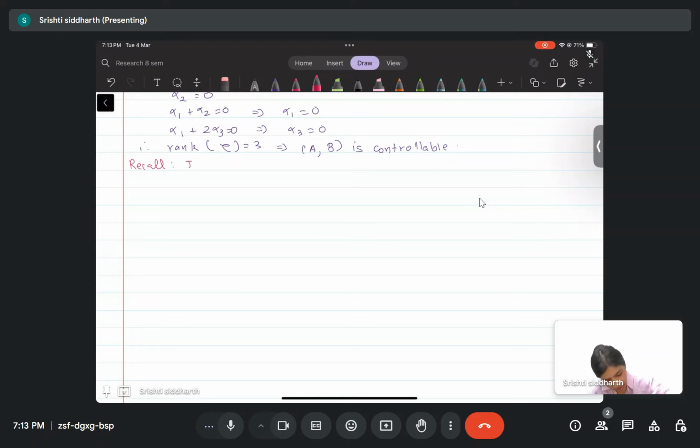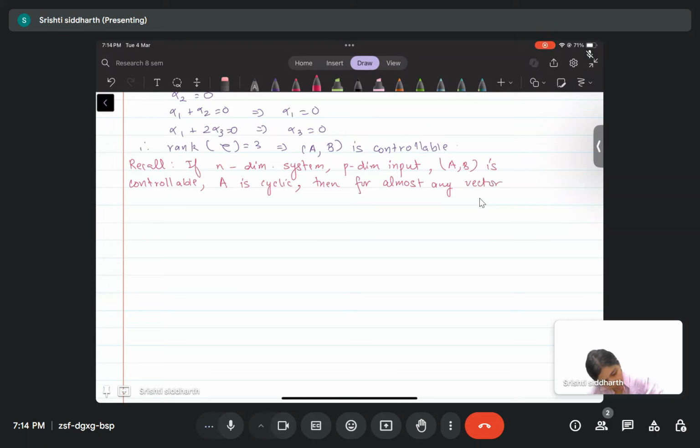For an n-dimensional system with p-dimensional input, if the pair AB is controllable, so all of this is satisfied, and A is cyclic, so we still have to check this, then for almost any vector v in R^p, the single input pair A, Bv is controllable.